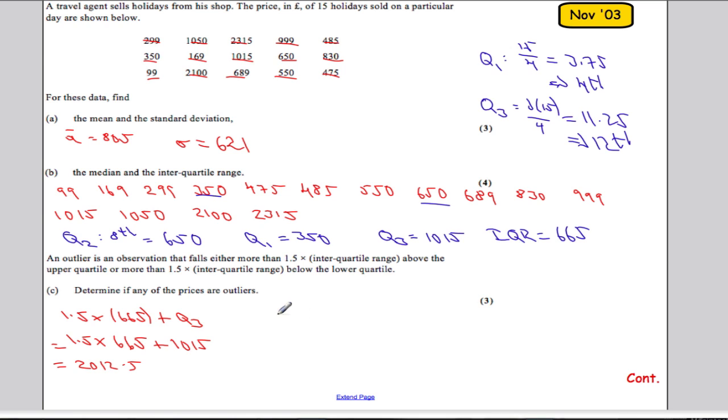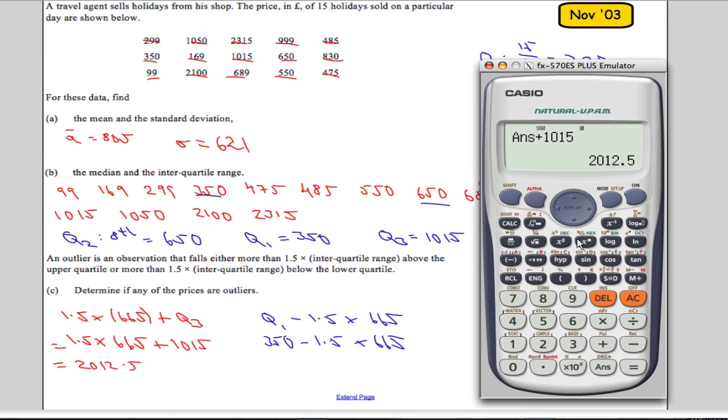And we're also told that if I do 1.5 times the interquartile range, 665, and I subtract it from the lower quartile, so Q1 minus, which gives me 350 minus 1.5 times the interquartile range.